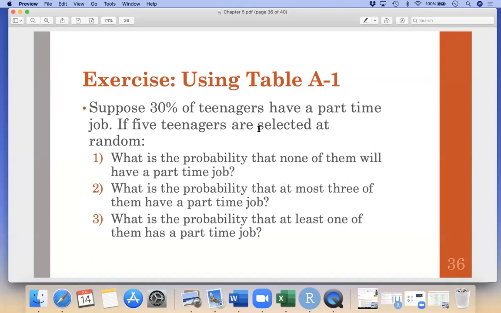Then if 5 teenagers are selected at random, what is our N? It is 5 because we have 5 teenagers. So N is 5, P is 30%, which means 0.3. Then we have 3 questions. We will get those probability values using the table. I will show you using the table.